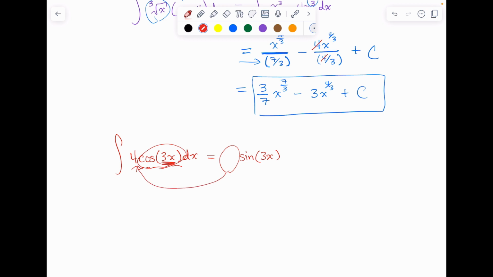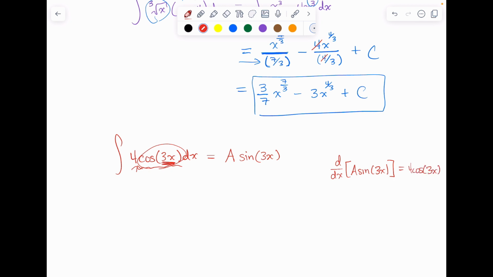Right? Because remember the chain rule, right? In fact, maybe we do it this way. Maybe we say, we don't know what this number is. We could call it a. And we could say we want the derivative of a sine of 3x. I want this to be equal to 4 cosine of 3x, right?